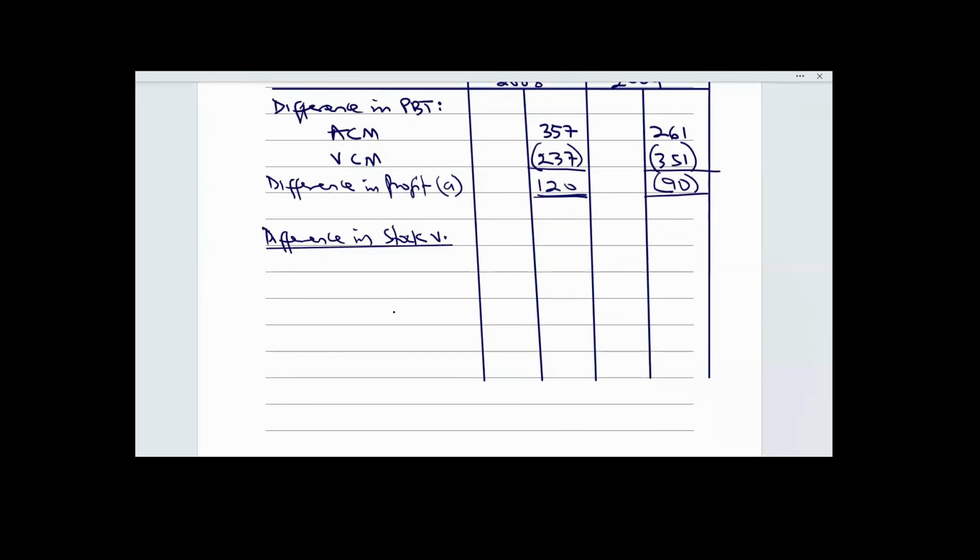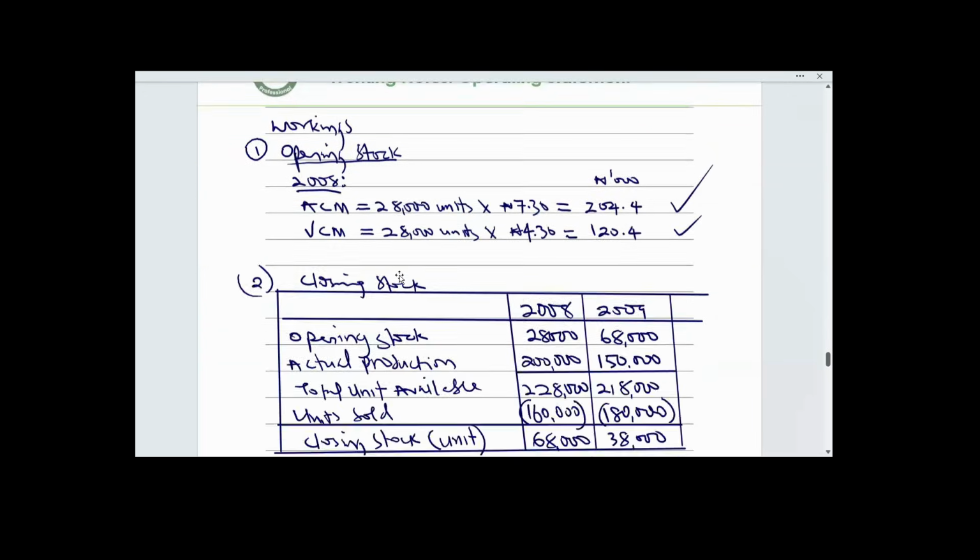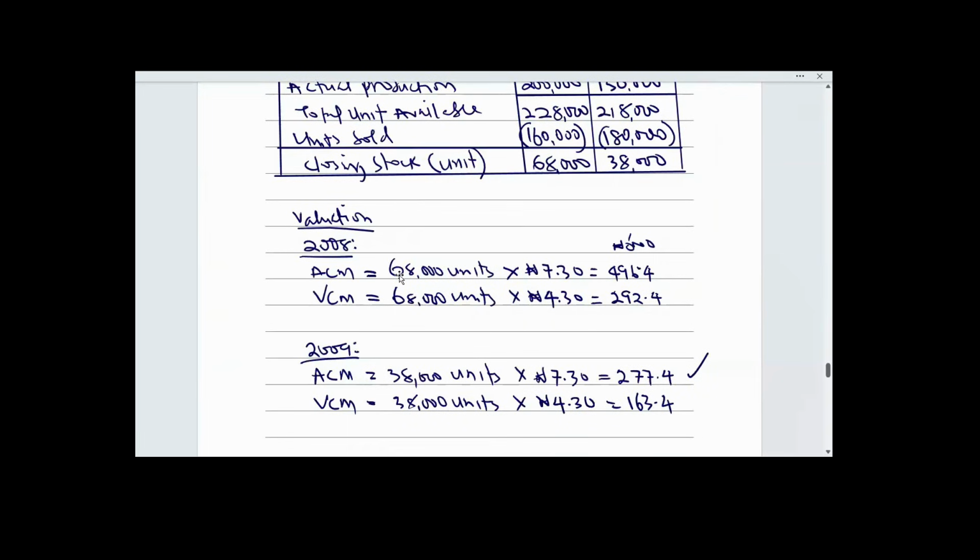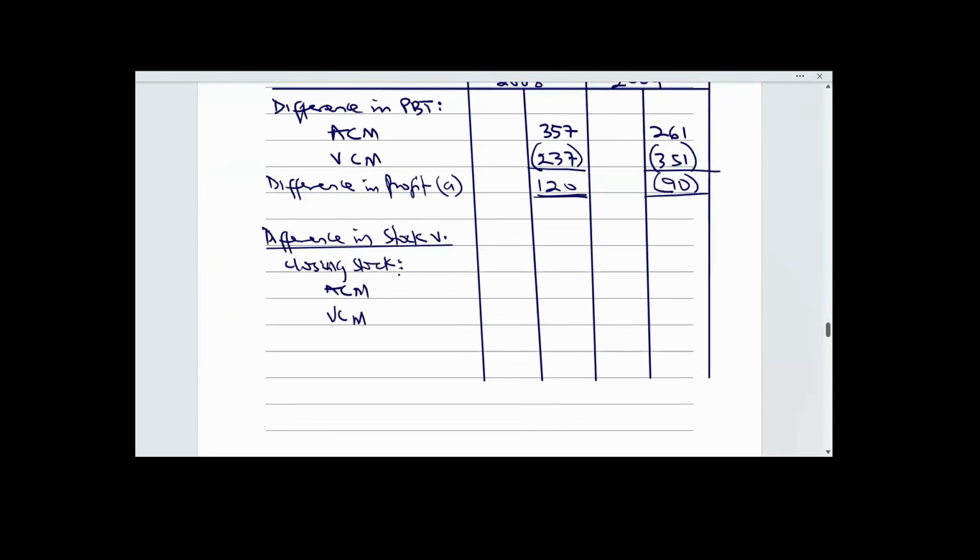Under this, we are starting with the closing stock for ACM and then VCM. Closing stock in 2008 under ACM, we have 496.4.